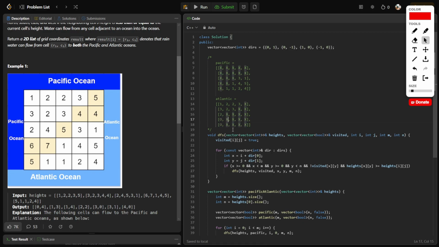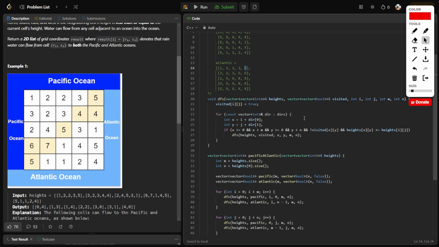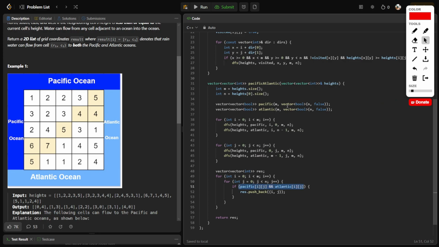This one we have visited, this one visited, same, right? So if you notice, the cells here overlap the cells here as well, right? Some of it at least. And what we are interested in is the intersection of it, right? Which are the ones that I've marked as 0s over here. And what we do is, since both of them have been visited in both grids, we can just push back the coordinate into our result, and from there we return the result.